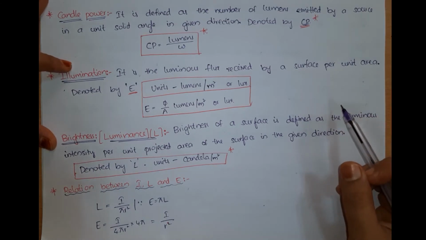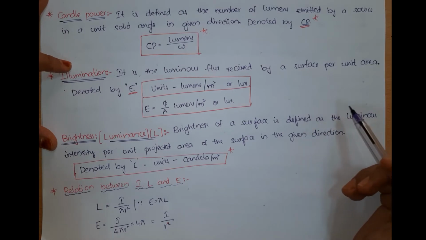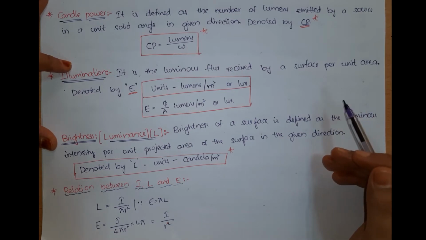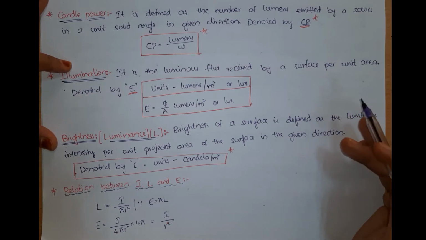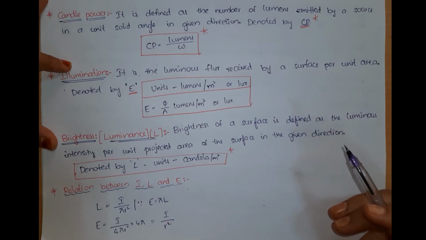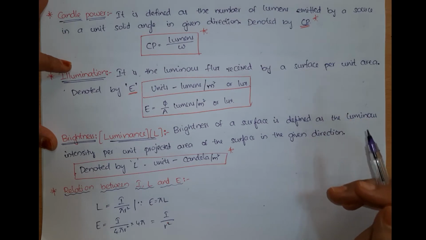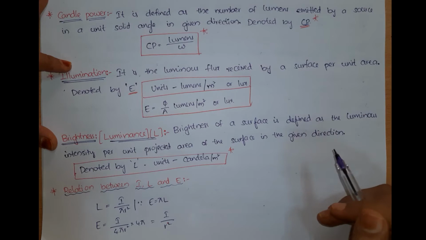That is called illumination. Generally, many people wonder what the difference is between light and illumination. Yes, there is a difference. Light is the source, from where the radiant energy is coming out. But illumination is how much of that source is reaching the target.